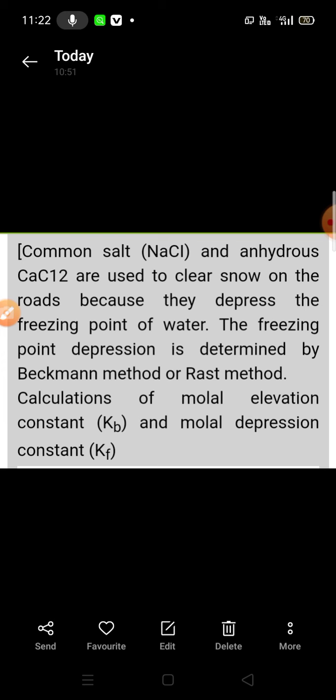You see in Jammu and Kashmir in winter season, these materials are used to clear snow on the roads because there are lots of problems due to heavy snowfall. This is also an example related to depression in freezing point.